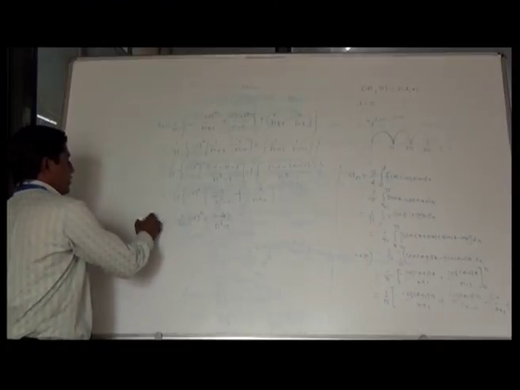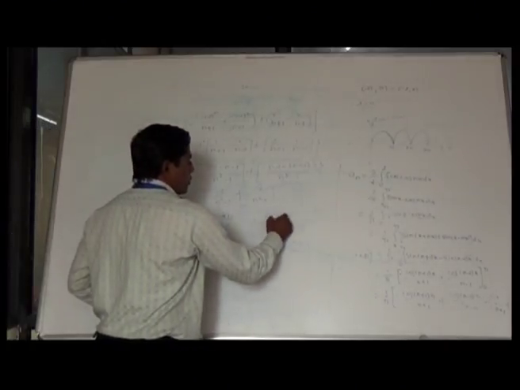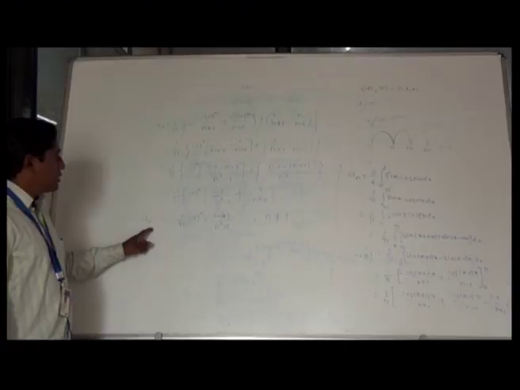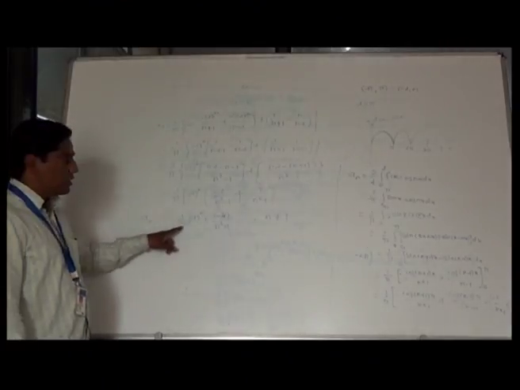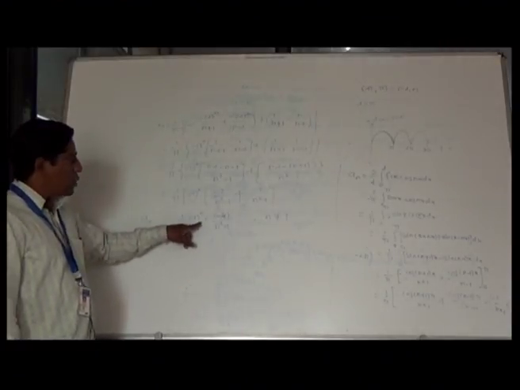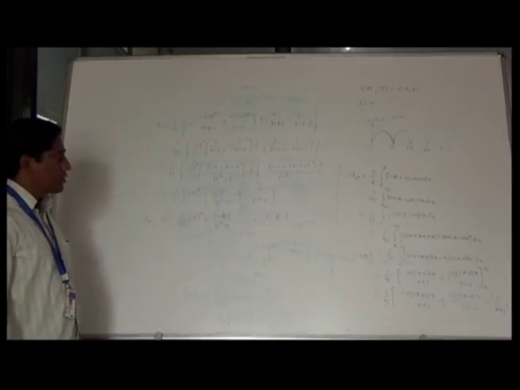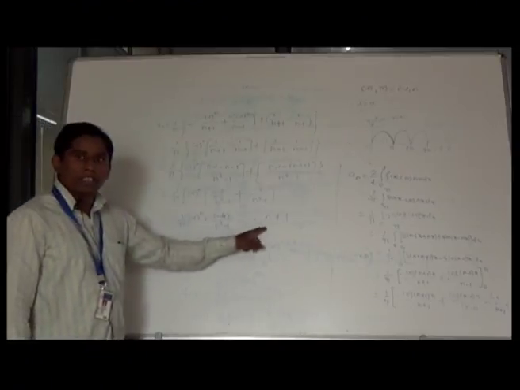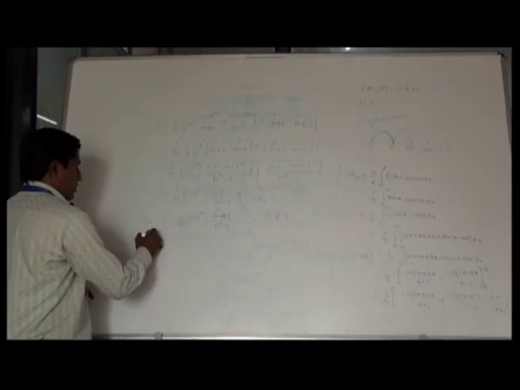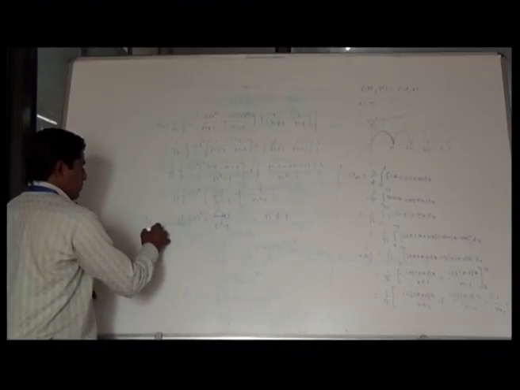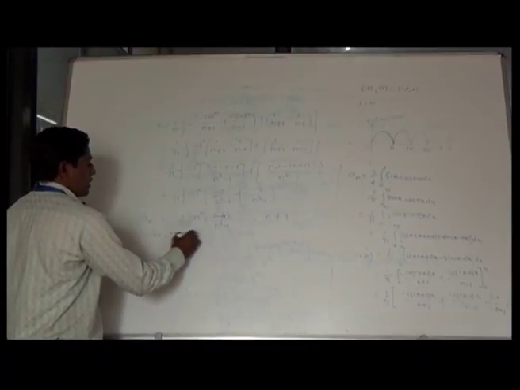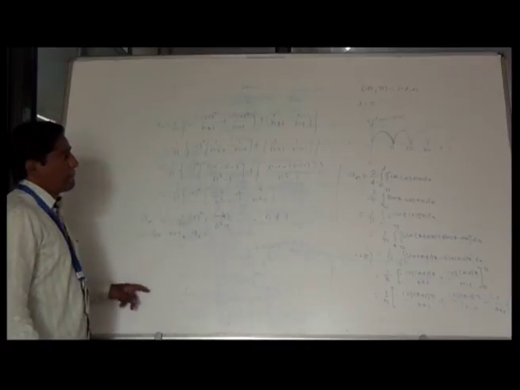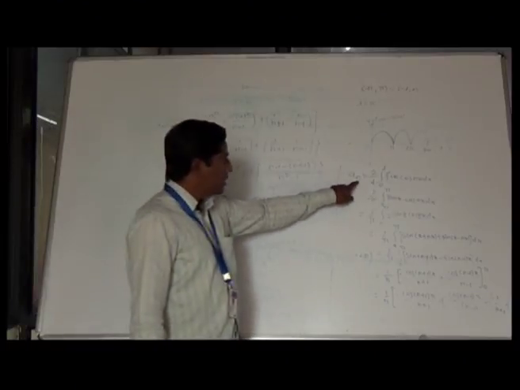This is an for n not equal to 1, because if we put n equal to 1 we get infinity. So for n equal to 1, a1 is, put n equal to 1 in this formula.